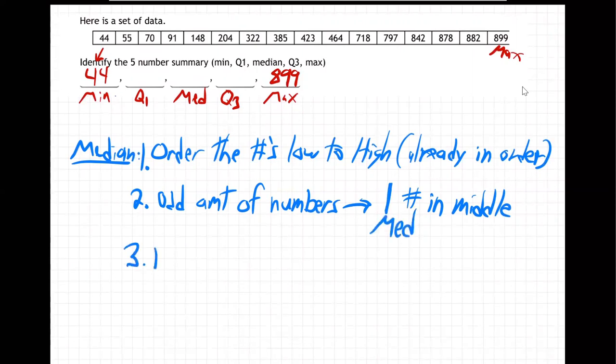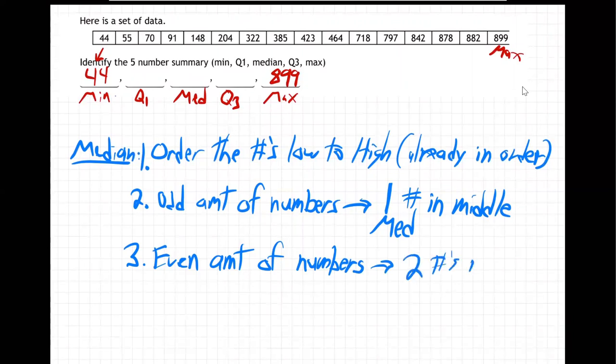Whereas if you have an even amount of numbers, then there's 2 numbers in the middle.